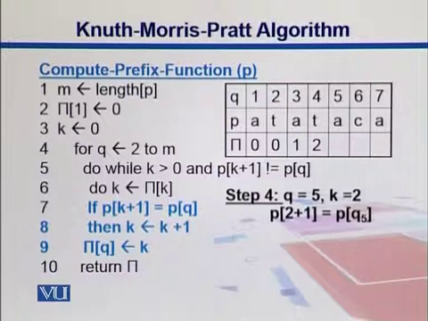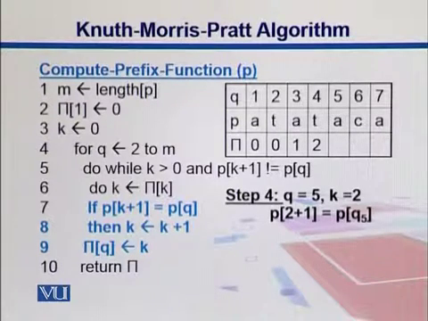But P of K plus 1, that was P of 3, we have the nucleotide A, and we are comparing with P of Q. Was that not equal, as per 5? No. So we won't go there. Is it equal? At position number 5 we have A, and at position number 3 we have A. So yes, it is equal.